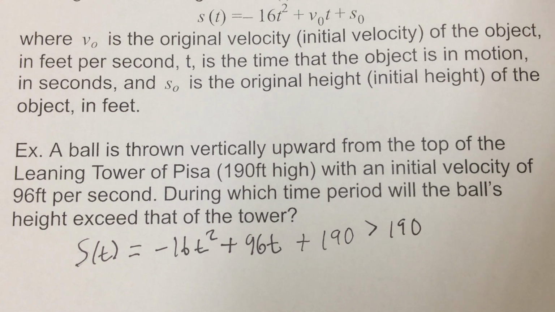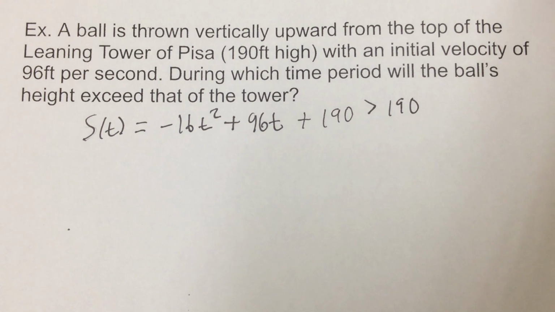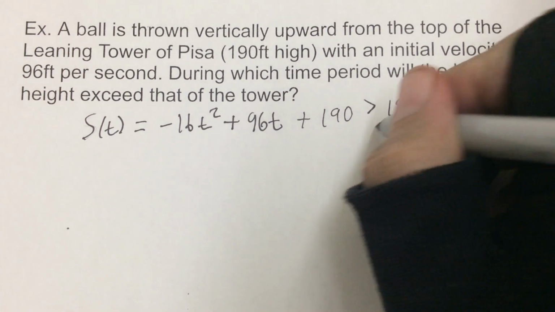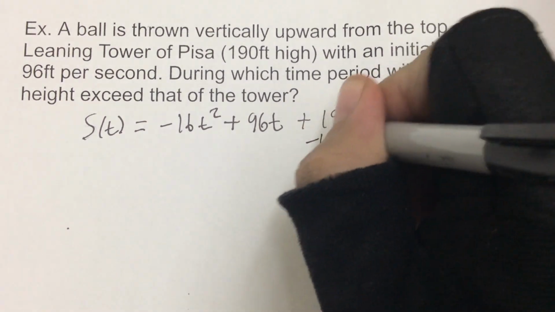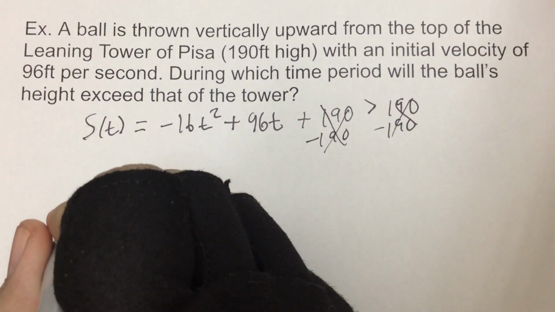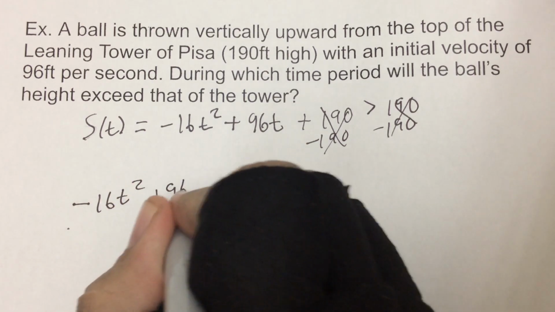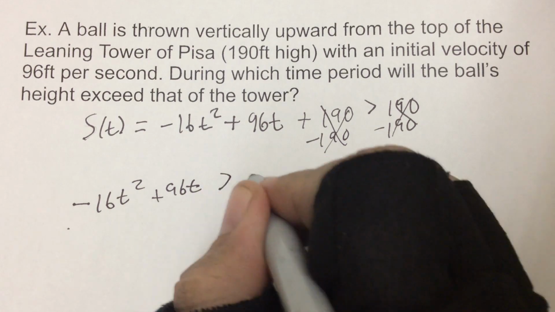So, again, we're going to solve these like we've been solving. So get all the terms on one side, 0 on the other. So we'd subtract the 190 over, and so when we do that, this cancels out over here. And so we're left with negative 16t squared plus 96t greater than 0.